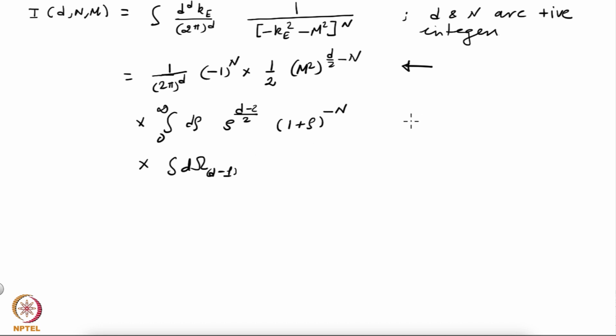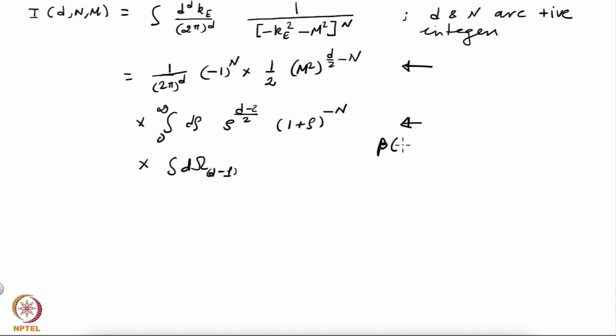So first we will evaluate this integral, and it will be useful to have with us some special functions. I will write down here. So you have already studied the beta function.